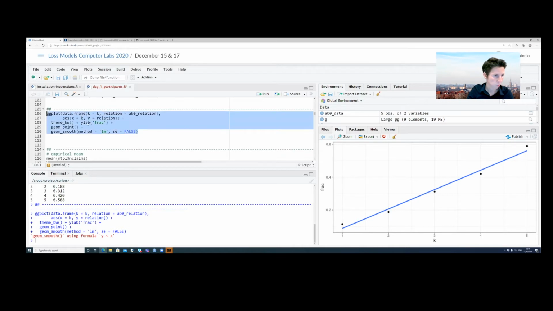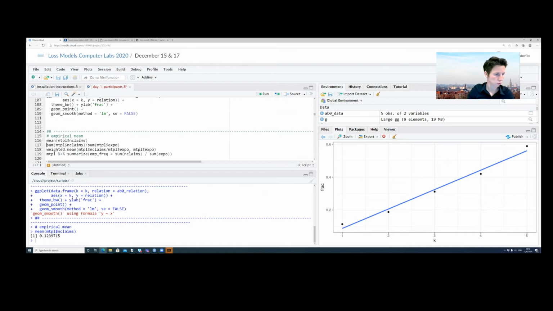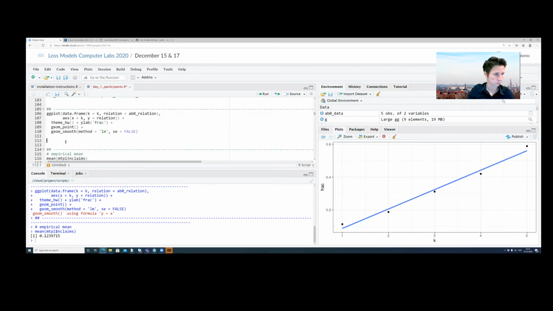To make it a bit more concise, I could rewrite my instructions by relying on the data set which I created higher up. That was the AB0 data. And I can put on the x-axis the k's.